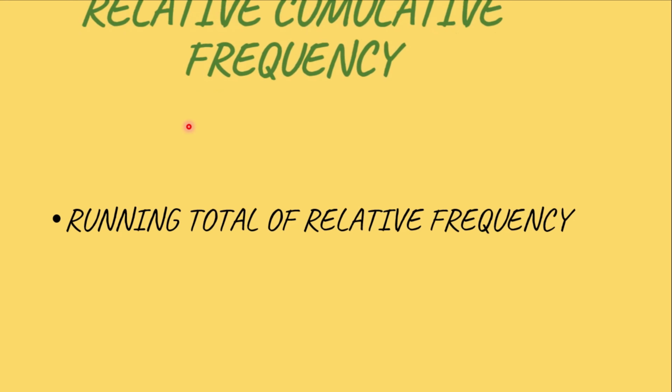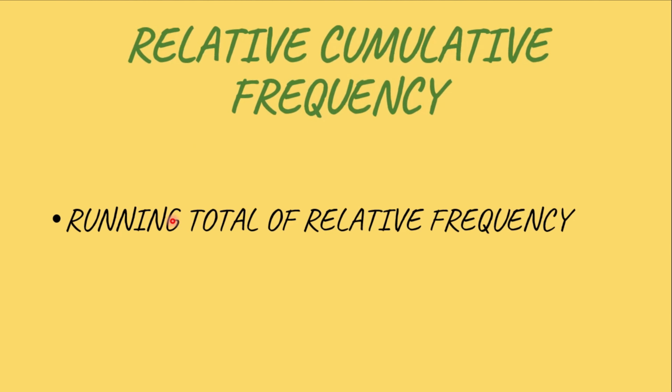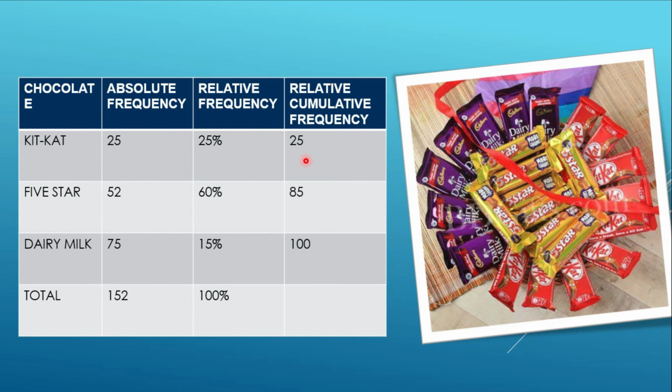The relative cumulative frequency is the running total of relative frequency. The same concept of cumulative frequency applies to relative cumulative frequency also. The only difference is that cumulative frequency is the running total of absolute frequency, and relative cumulative frequency is the running total of relative frequency.